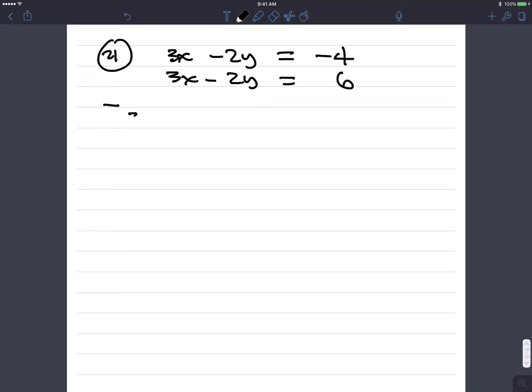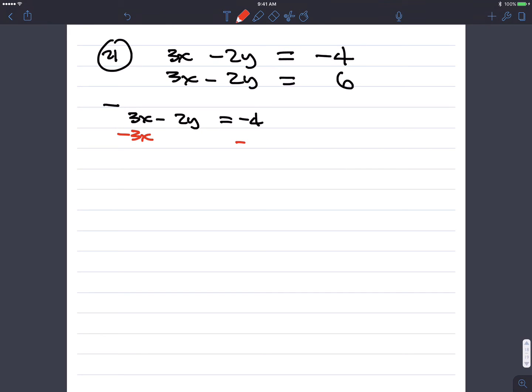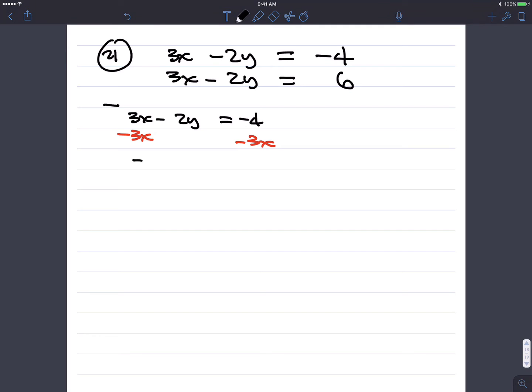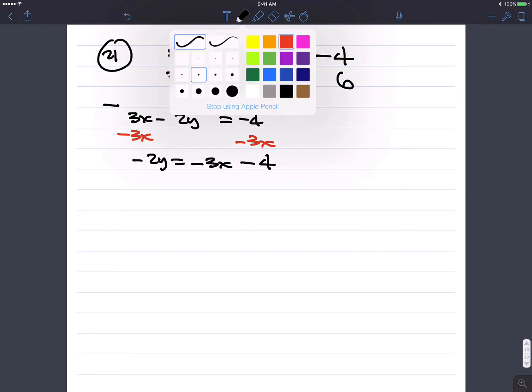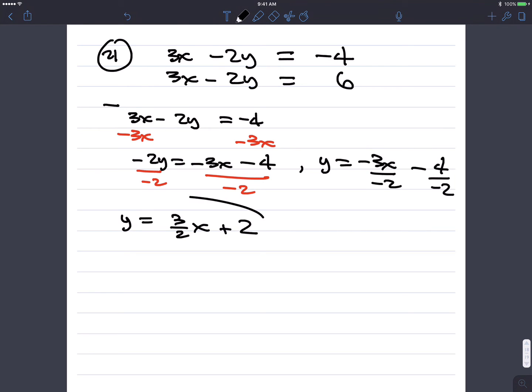Let's look at the first equation. 3x minus 2y is negative 4. Let's solve for y. I'm going to subtract my 3x from both sides. I get negative 2y is negative 3x minus 4. Divide both sides by negative 2. And I get y is negative 3x over negative 2 minus 4 over negative 2, or y is 3/2 x plus 2.